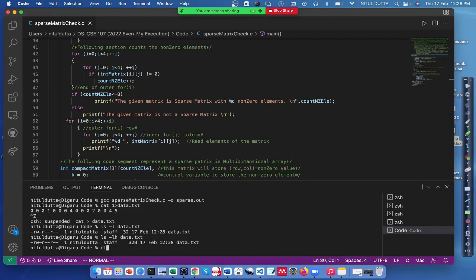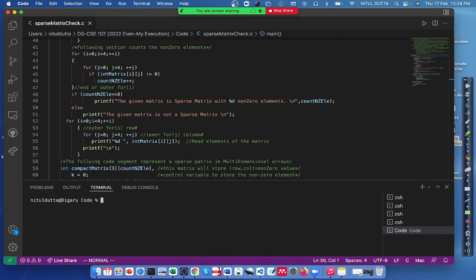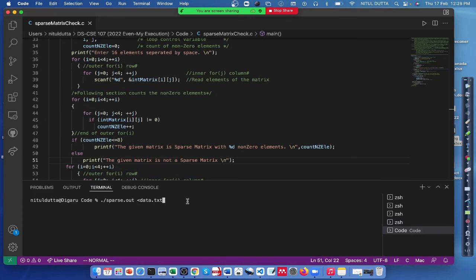Now clear the screen, then let me execute this program, ./sparse.out, and the data will come from data.txt. Press enter. There are 16 elements, and it will take the data and put it here. Press enter.